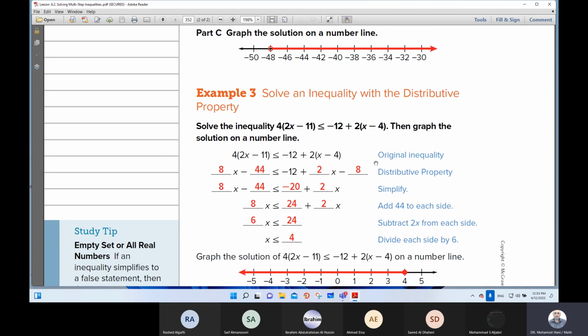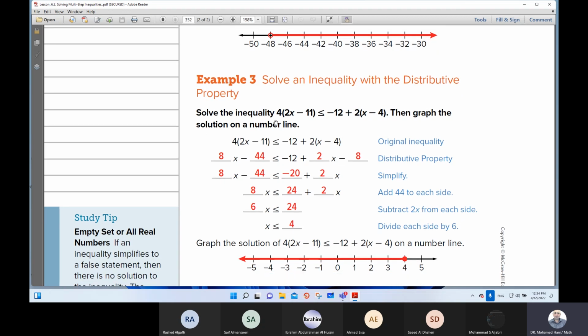Okay. Solve an inequality with the distributive property. Solve the inequality 4 multiplied by (2x minus 11) less than or equal to minus 12 plus 2 multiplied by (x minus 4). Then graph the solution on the number line.